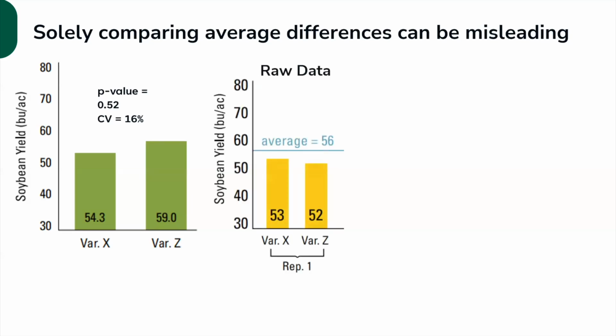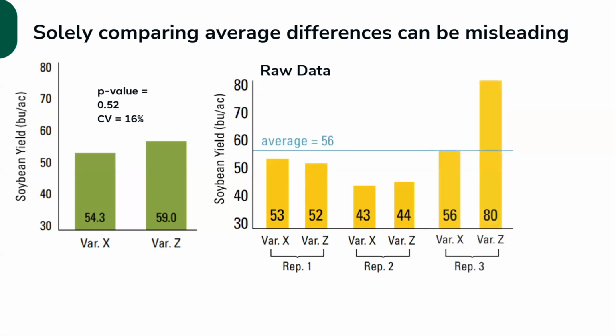If we see the raw data, let's look at repetition 1. In the first repetition, we see that varieties X and Z are pretty much the same. There is not much difference here. If we go to repetition number 2, the variety Z is a little bit higher, but again, they're not really different.